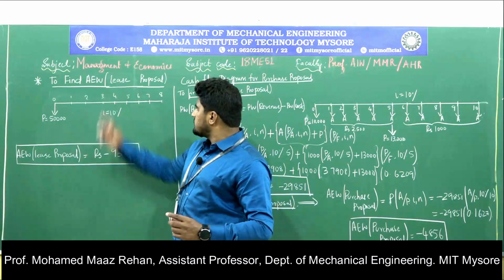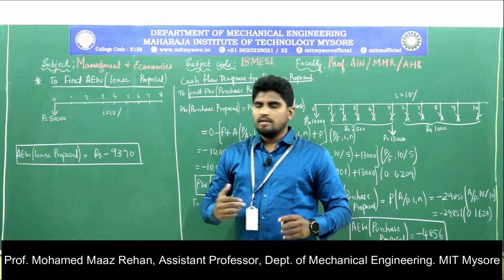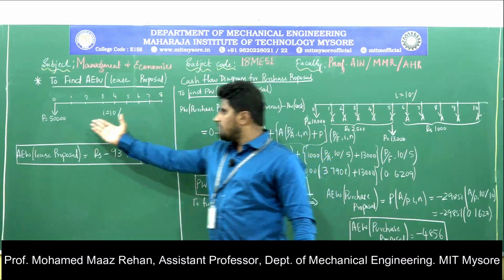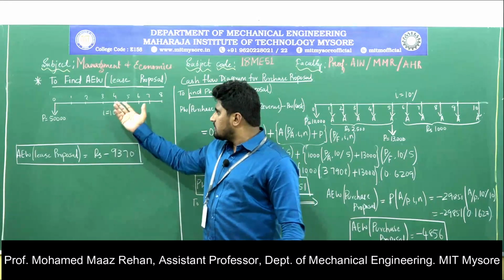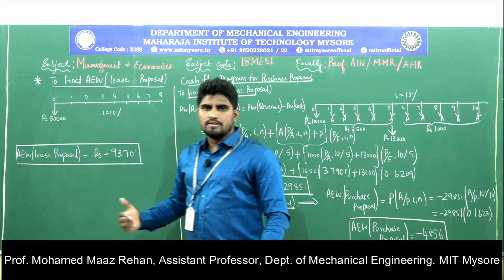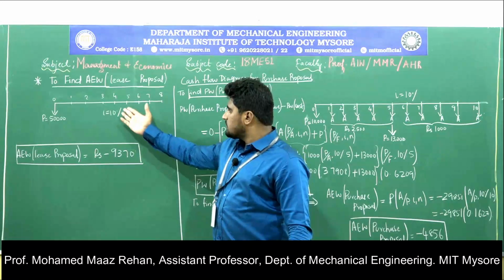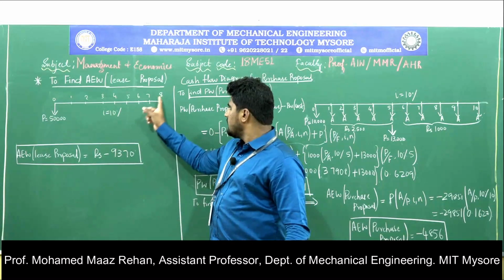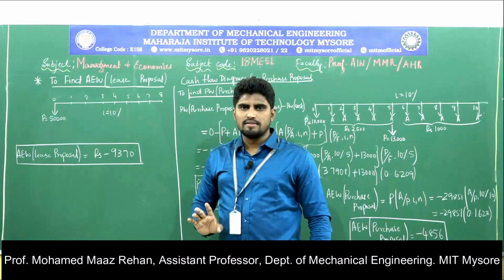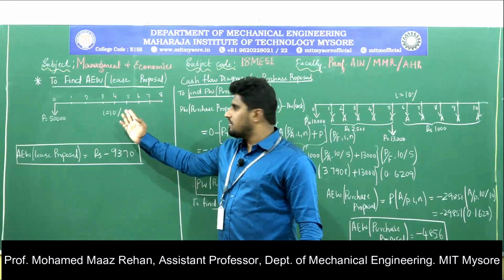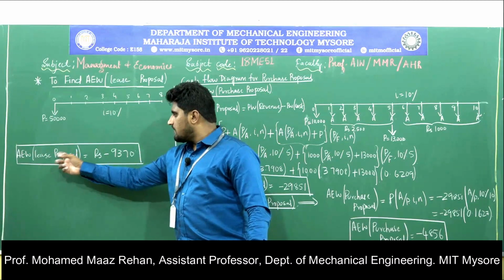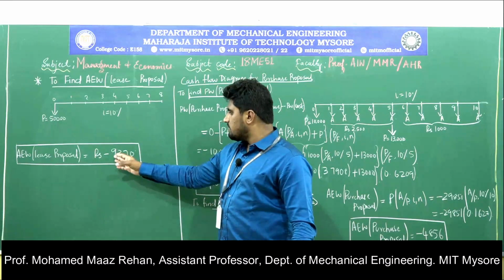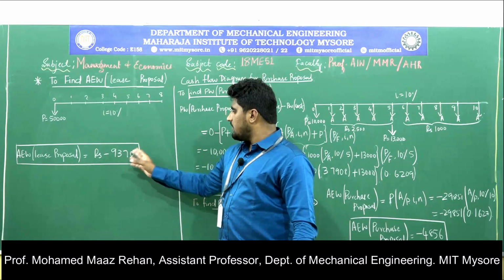Next we have the lease proposal. In the lease proposal they have given the initial investment of rupees 50,000 with no operating cost, the rate of interest 10% and the number of years as 8. If you solve in a similar way, you will get the annual equivalent worth for the lease proposal as rupees minus 9370.